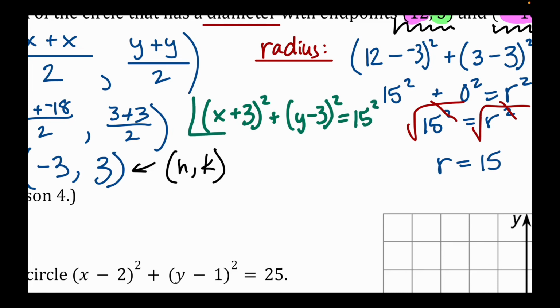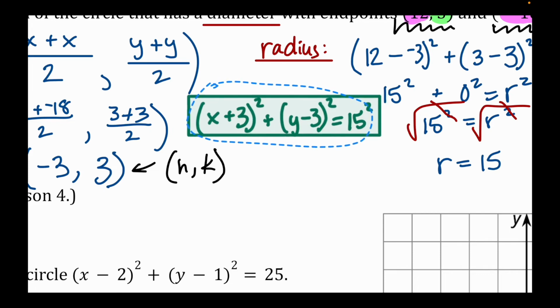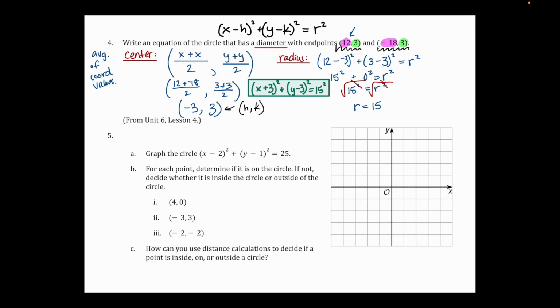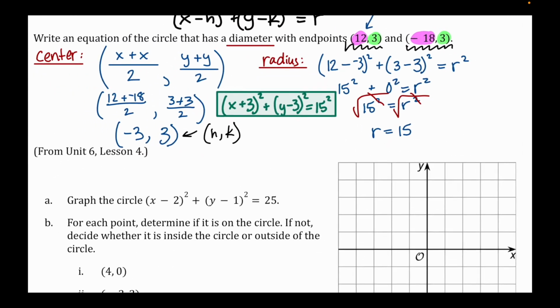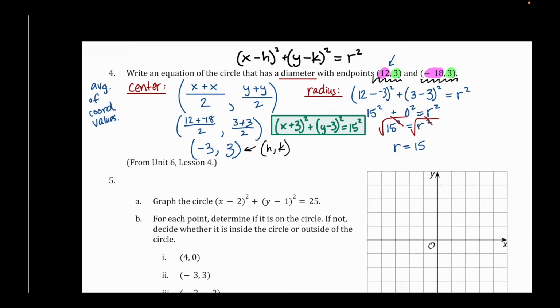I like to write the radius as a number squared because then it's easier for me to read it from the question. Let me move this so I'm not overlapping that 15 with my box. So that's my final answer there: x plus 3 and y minus 3, each squared, added together equal to 15 squared.